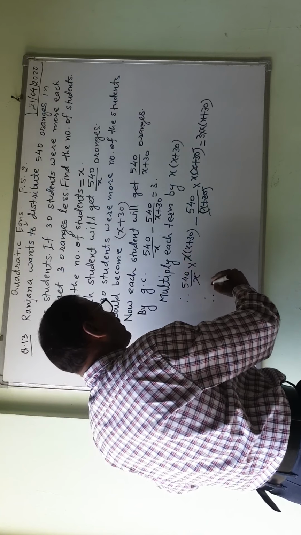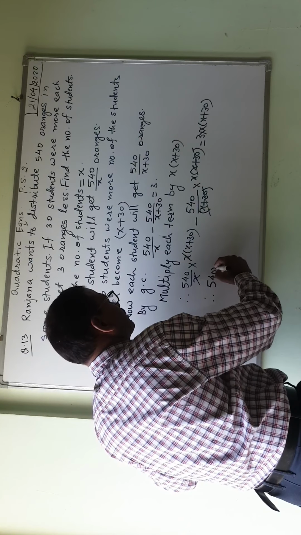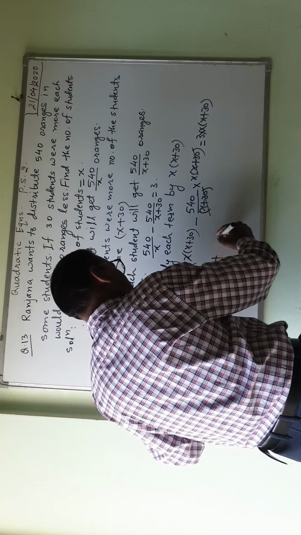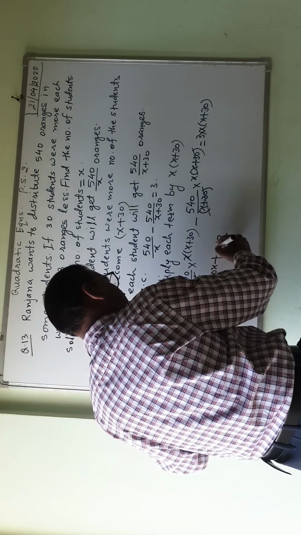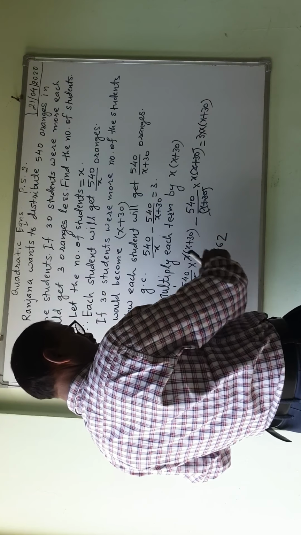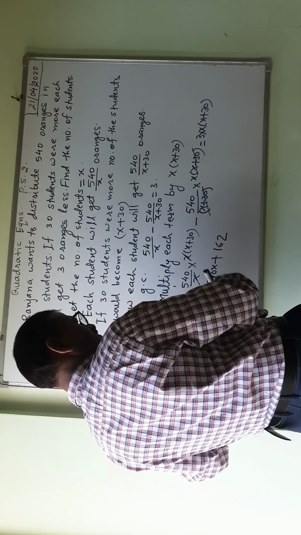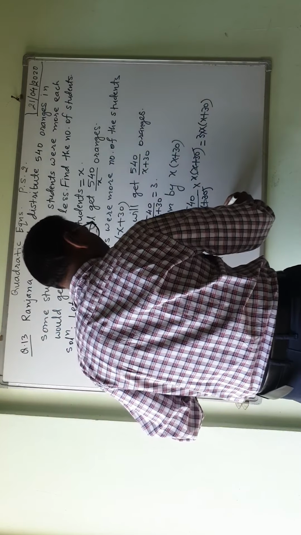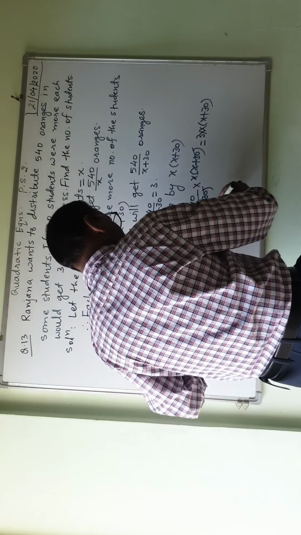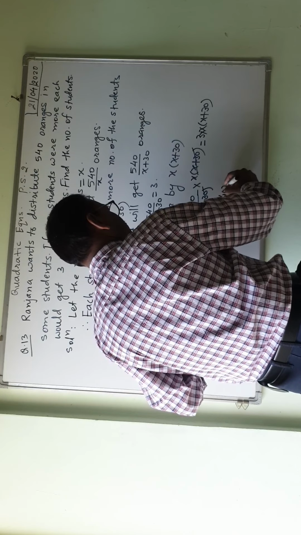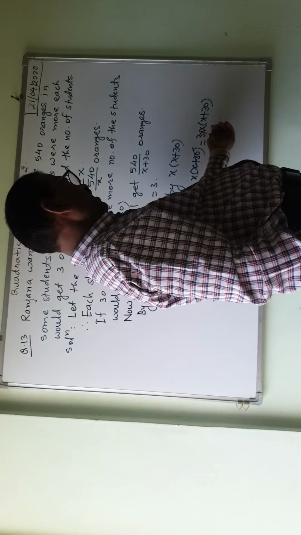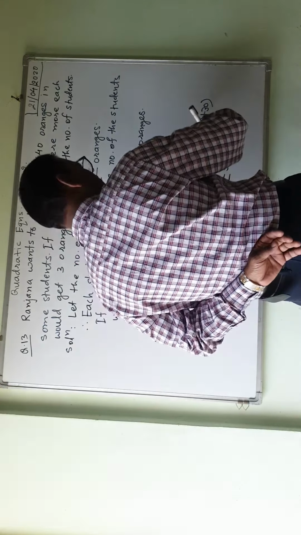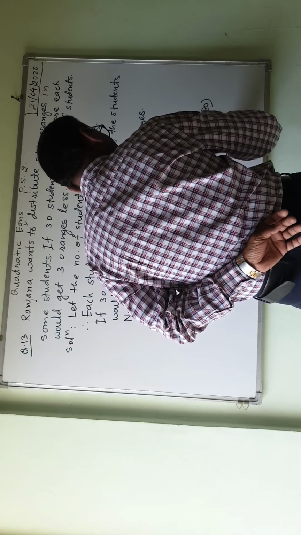So 540 into x is 540x plus 540 into 30. 4 3s are 12, carry 1, 5 3s are 15 plus 1, 16, so 162, and these two zeros, 16200 minus 540x is equal to, now 3 into x is 3x, 3x into x is 3x square, 3x square plus 3 3s are 9, 90.